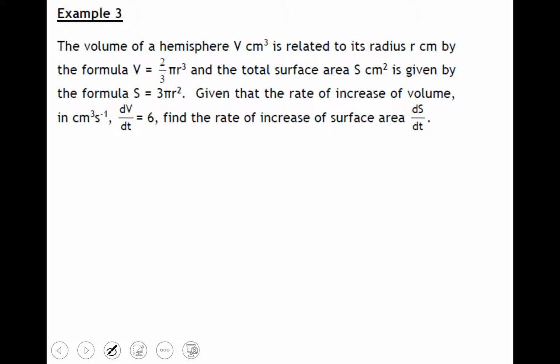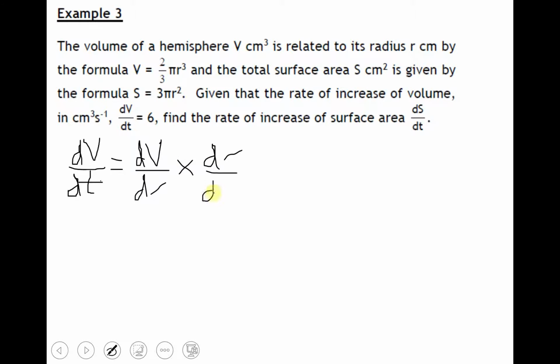Now this one's a bit harder than the previous examples, being that we're going to have to work backwards first of all. So we've got dV by dt, but we should also know from the chain rule that it's equal to dV by dr times dr by dt. Now we have that V equals 2/3 pi r cubed.